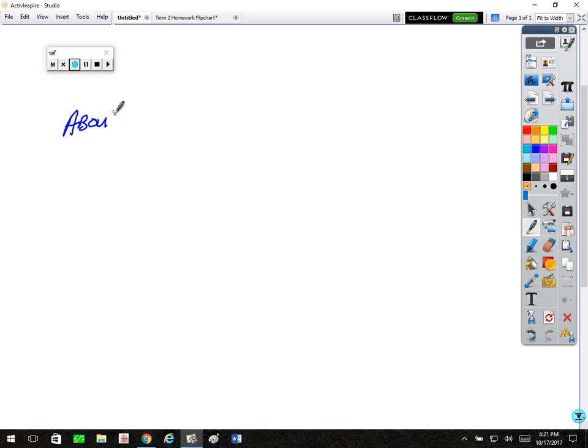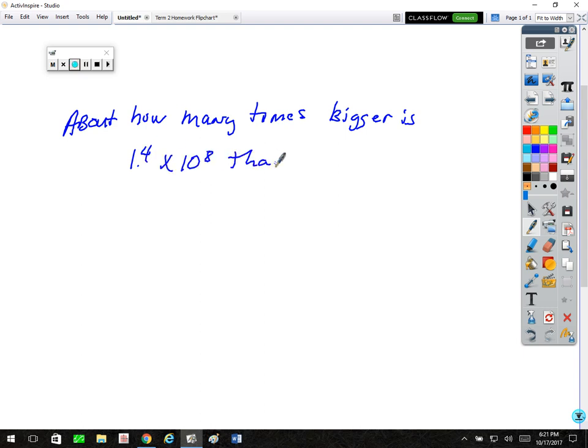Again, please excuse my writing, about how many times bigger is 1.4 times 10 to the 8th power than 7 times 10 to the 5th power.